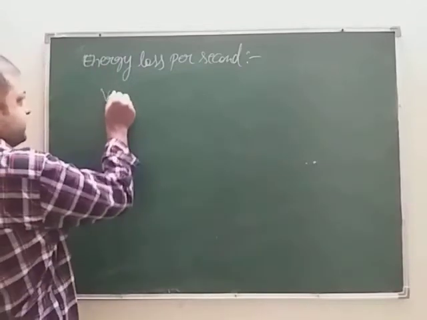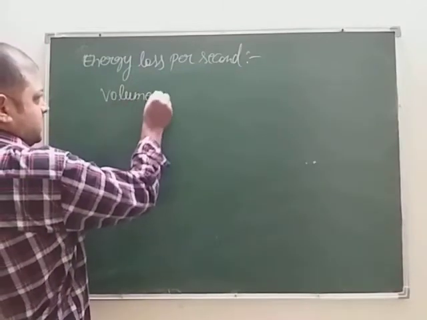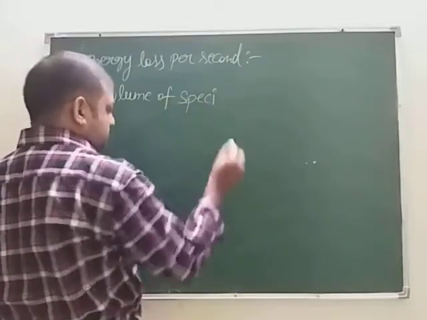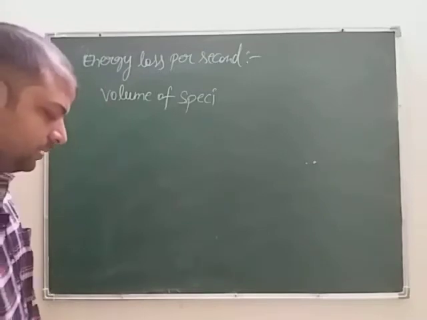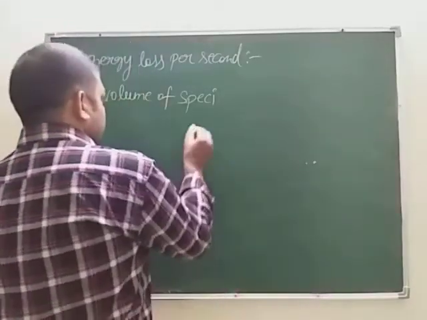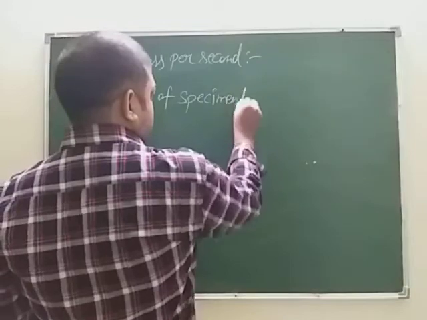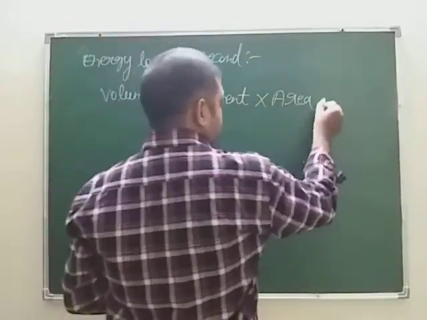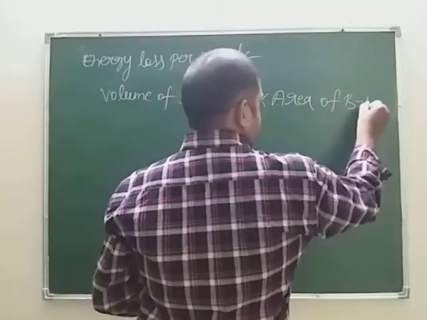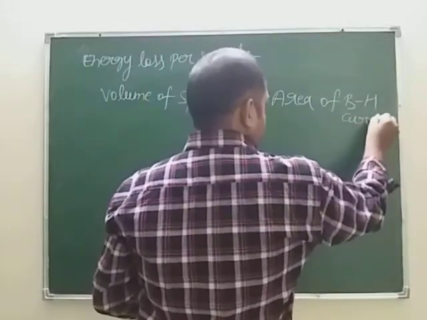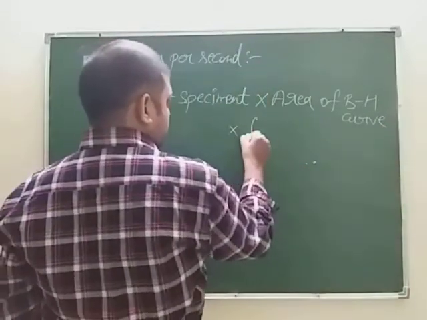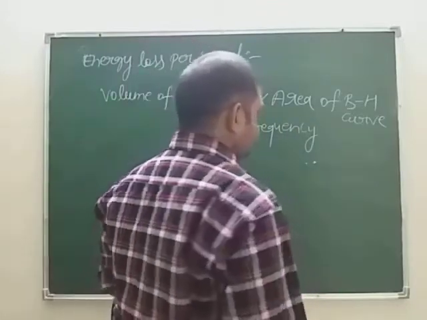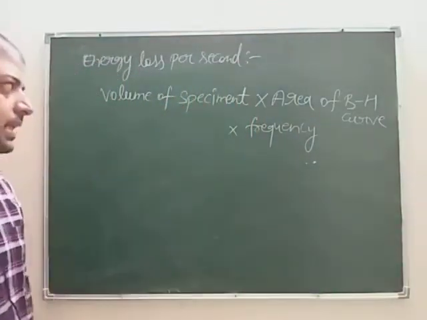Volume of specimen, whichever substance we have taken, iron or steel, into area of BH curve into frequency, that is, how many times the substance is magnetized and demagnetized.